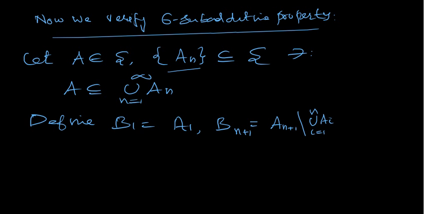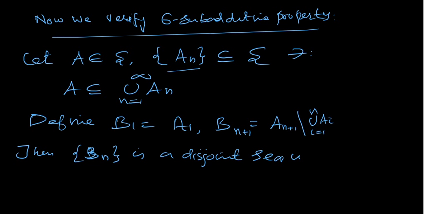Okay, then this B_n is a disjoint sequence, and the union of B_n is the same as the union of A_n, n runs from 1 to infinity.